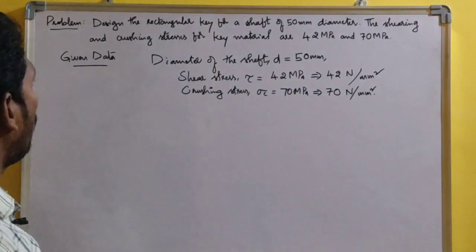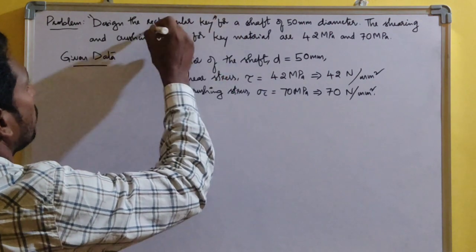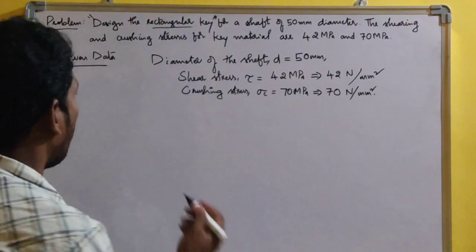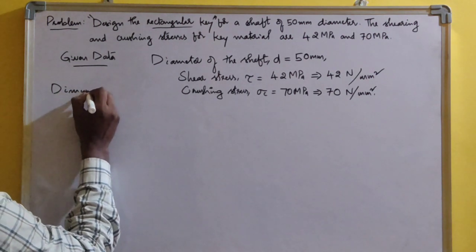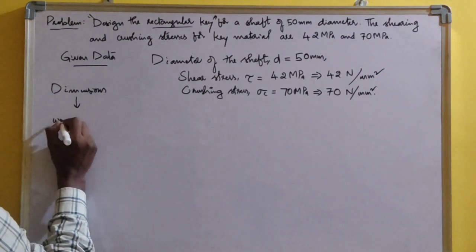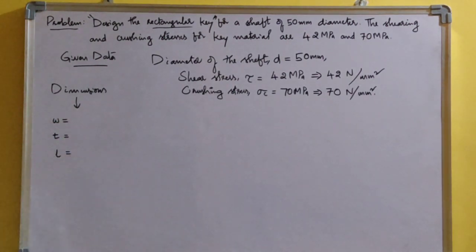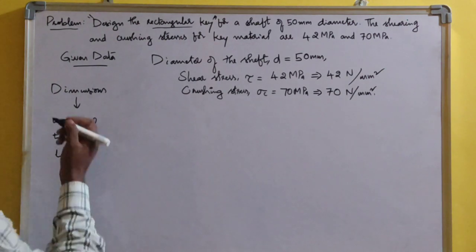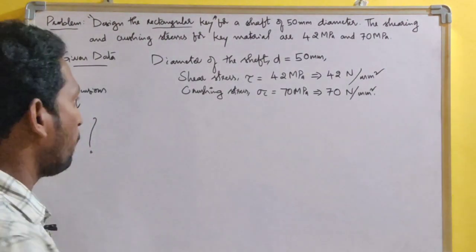Okay, so here our intention is to design the rectangular key. As we know, the dimensions of the rectangular key are width, thickness and length. To find the width and thickness we have proportions.